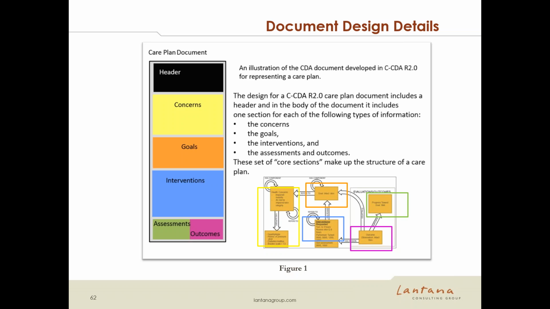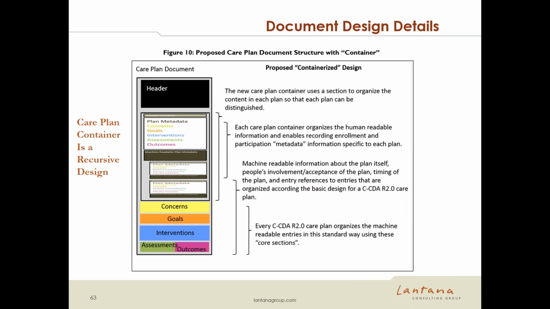So we took that basic guidance that has already been provided in Consolidated CDA, and we made a new kind of structure, what we called a container, that's a recursive kind of notion of something that can represent an individual care plan and has the complexity built in that it can actually put plans within plans in case you need to do that.